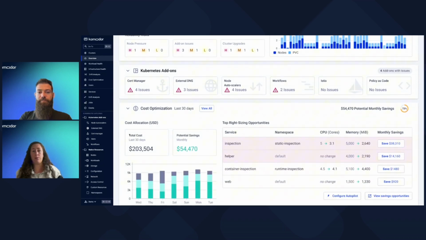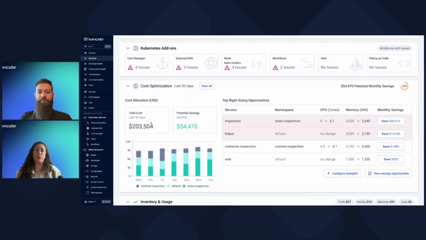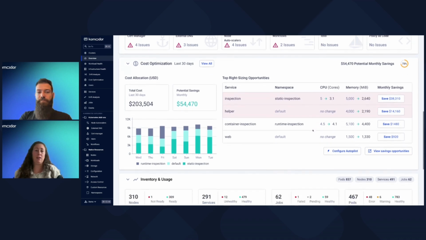And you have the cost optimization part, which shows you exactly what is the cost that you're paying today, what is the potential savings that you can have if you embrace the Komodor recommendations. And it can basically help you save money and take action.